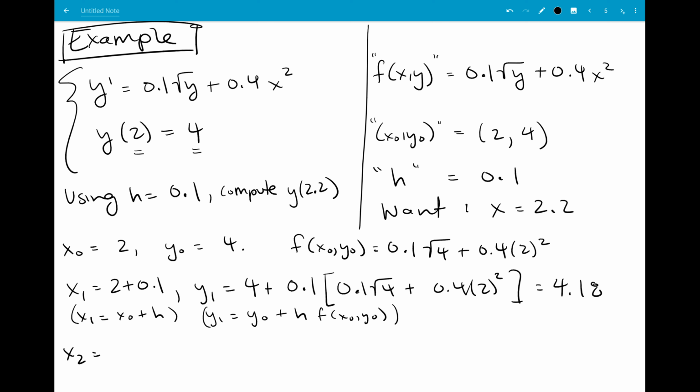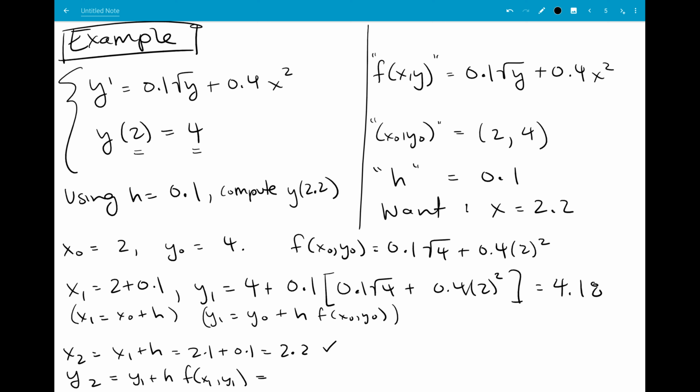So I could say, okay, x2 is x1 plus h. So that's just going to be 2.1 plus 0.1. So that's 2.2. So great. This is going to be the last thing I have to do. So my y2 is y1 plus h times f of x1, y1.